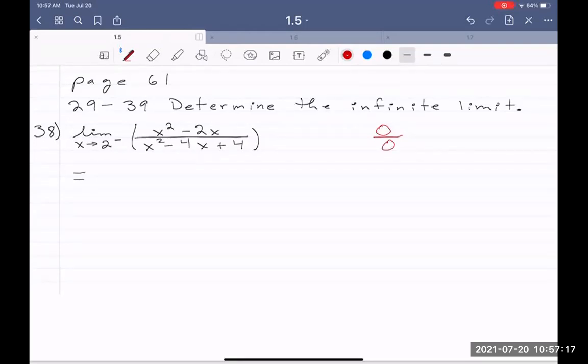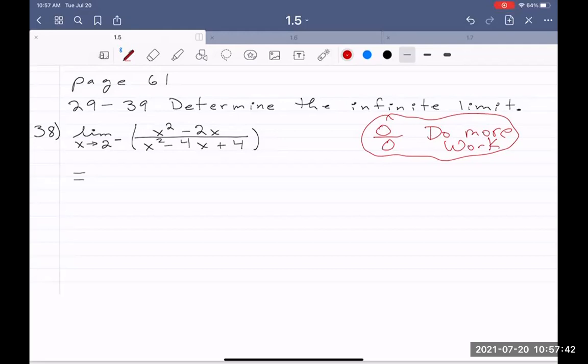This does not mean that the answer is undefined, or that the answer is infinity. What this means is do more work. So if you plug in and you get 0 over 0, do more work, okay?